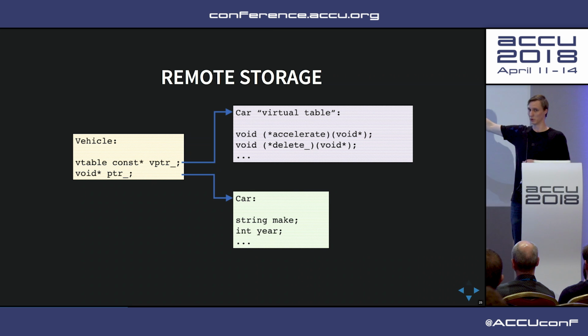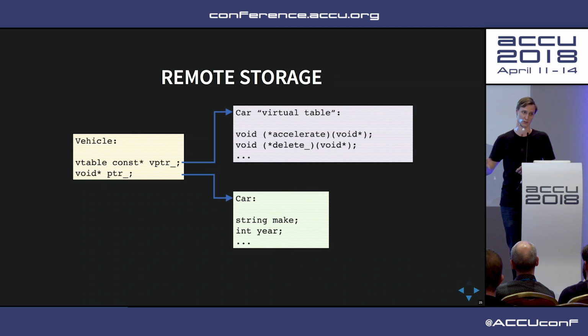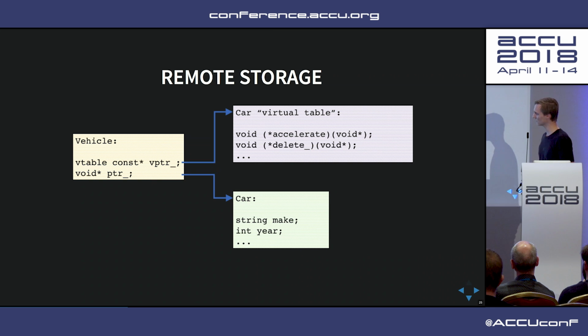Then concretely, when you throw in a real car in your vehicle, you allocate a car and then assign the pointer there. So you fixed your vehicle representation. It's just a pair of pointers, and one represents how you are implementing the behavior of the type, and the other one contains what the data is. So that's pretty simple.